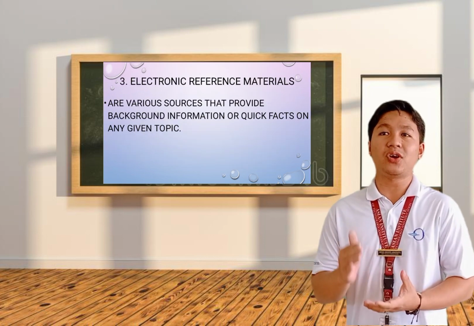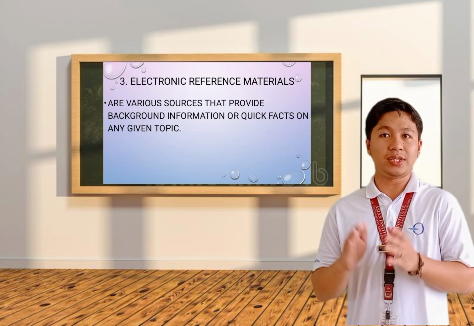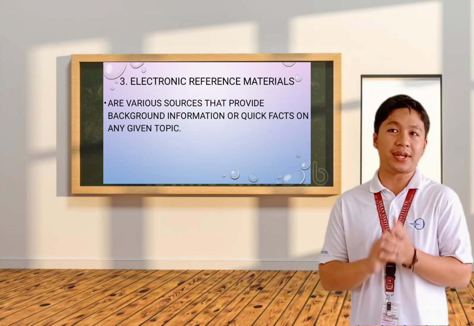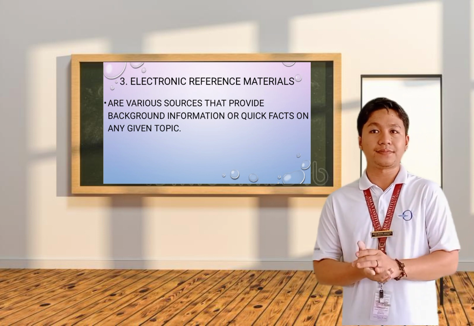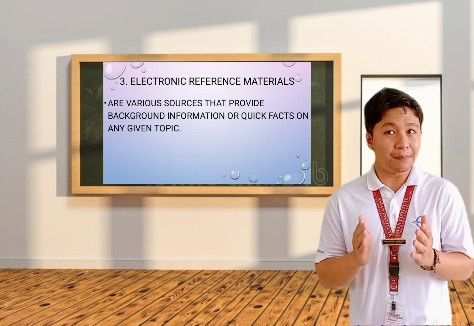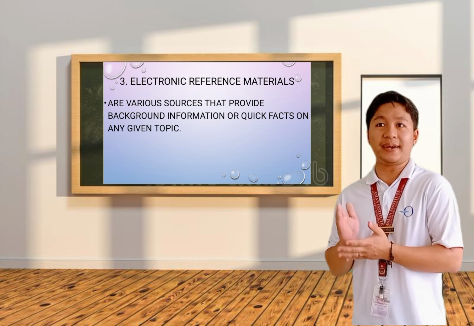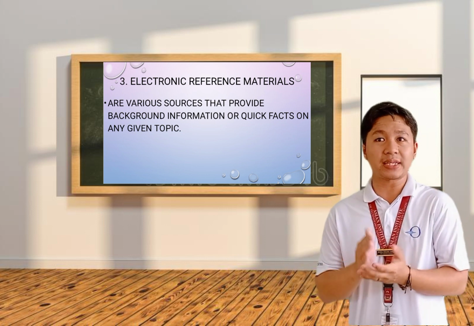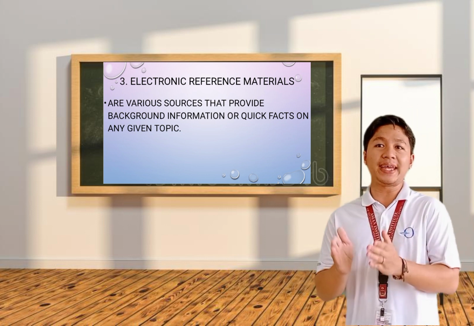Third one is the electronic reference materials. So these are various sources that provide background information or quick facts on a given topic. So they are typically books that are not meant to be read cover to cover but rather are consulted to gather specific pieces of information or to find quick facts.